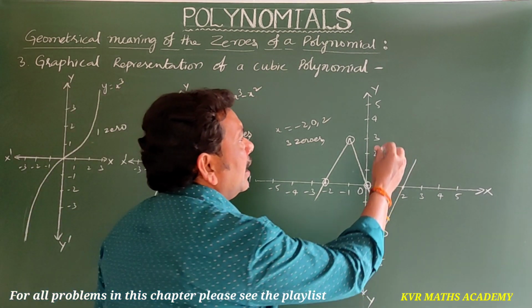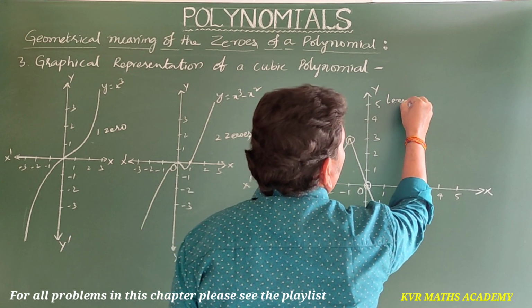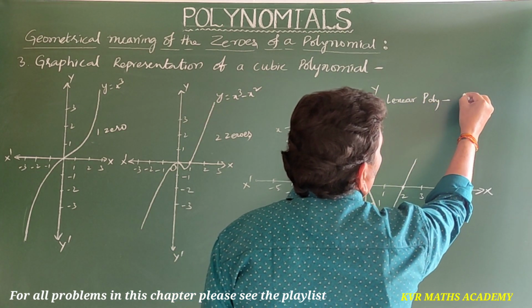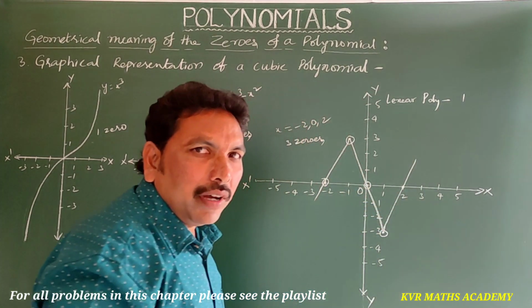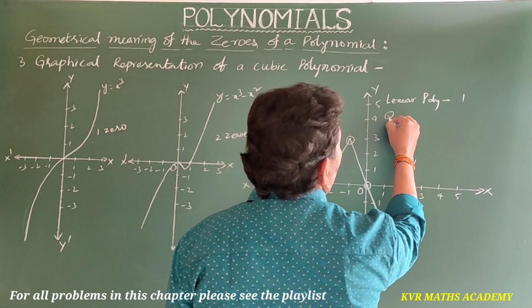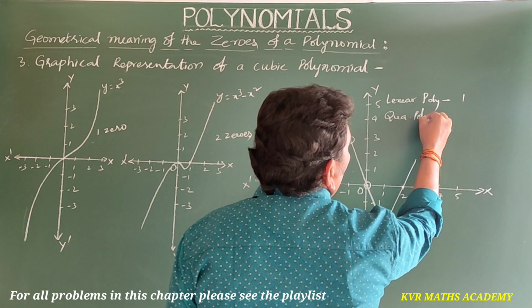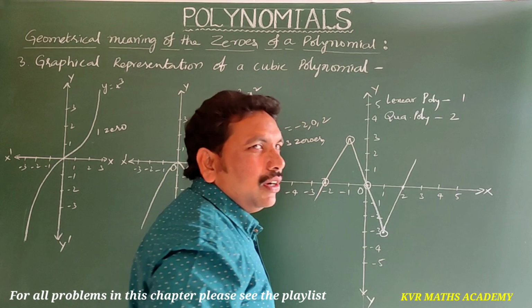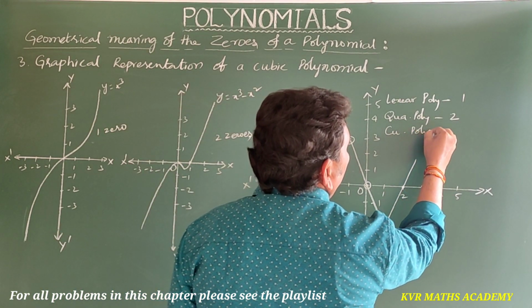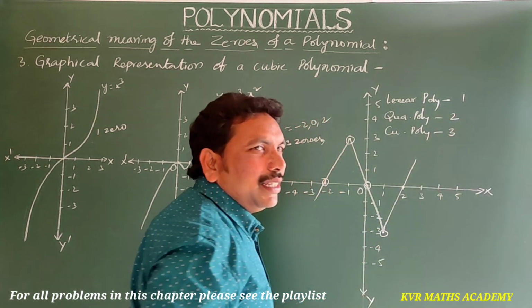So write down here: linear polynomial means how many zeros? 1 zero only, maximum number of zeros is 1. Suppose this is quadratic. A quadratic polynomial has maximum 2 zeros. Next, a cubic polynomial has maximum 3 zeros.